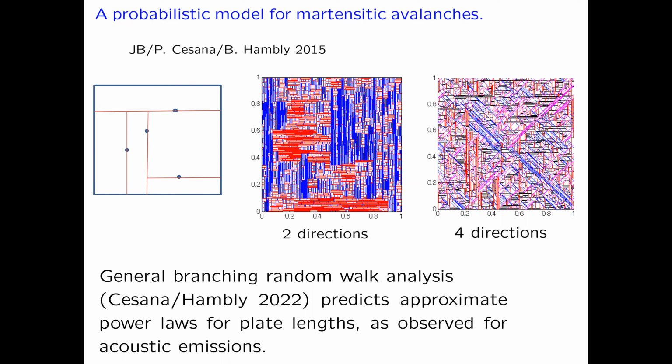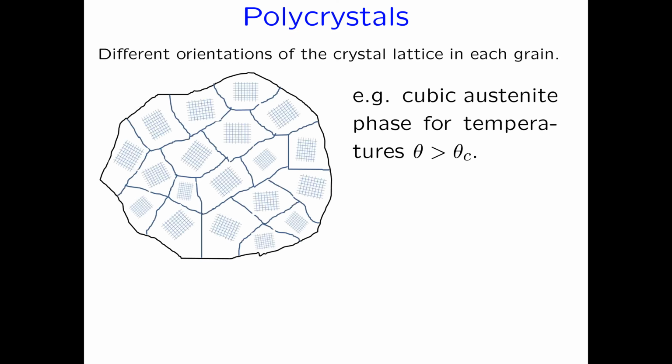So finally, I want to say a little bit about polycrystals, because most alloys form polycrystals. That means you have a different orientation of the crystal lattice in each grain. So when it crystallizes, it forms these grains, and in each grain you get a different orientation of the lattice, as indicated here.